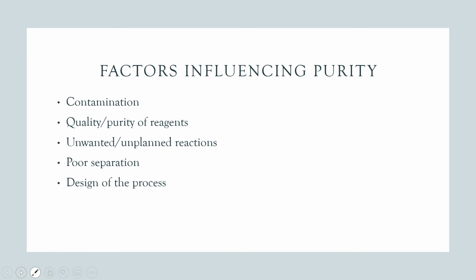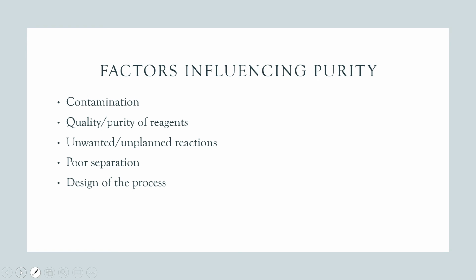So when we're looking at purity and why there may be some differences in purity, generally we're looking at contamination itself. Did you bring anything into the substance that shouldn't have been there to begin with? Contamination could be happening externally or internally. So one way that you may have internal contamination is that you've ended up producing something that you didn't exactly plan to produce.